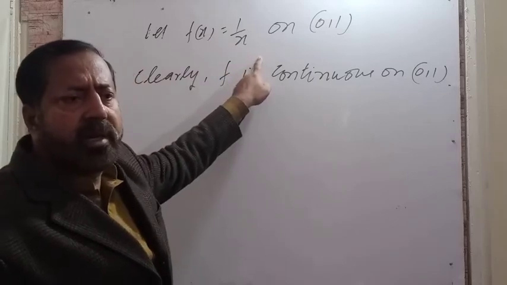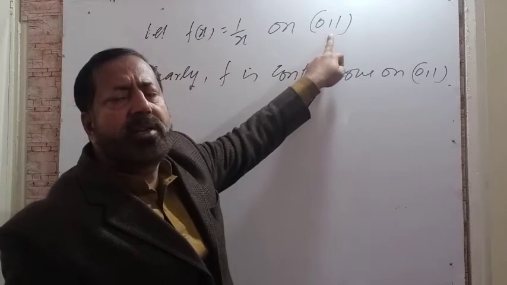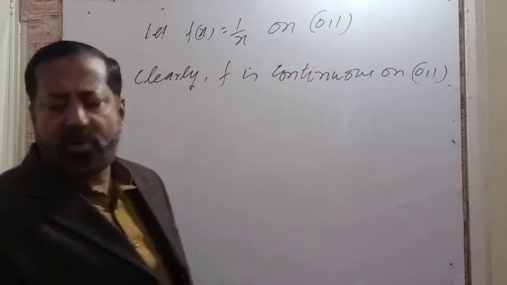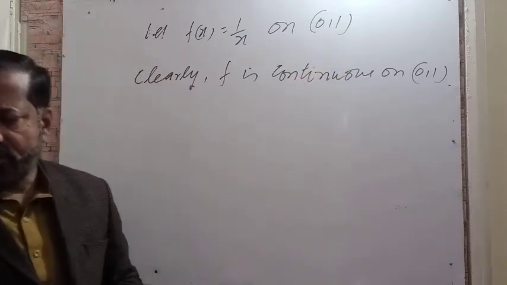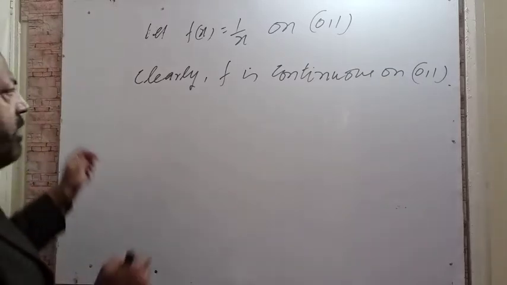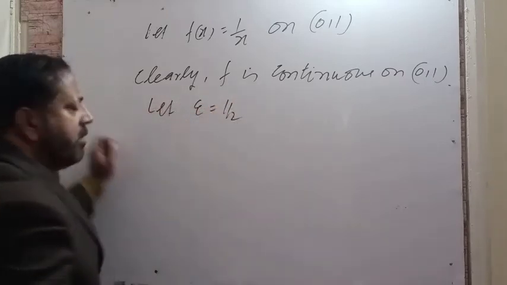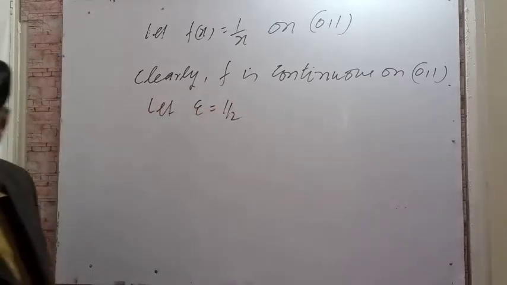But by choosing some points from this interval, I can show that this function is not uniformly continuous. For this, let epsilon be equal to 1 by 2, positive.